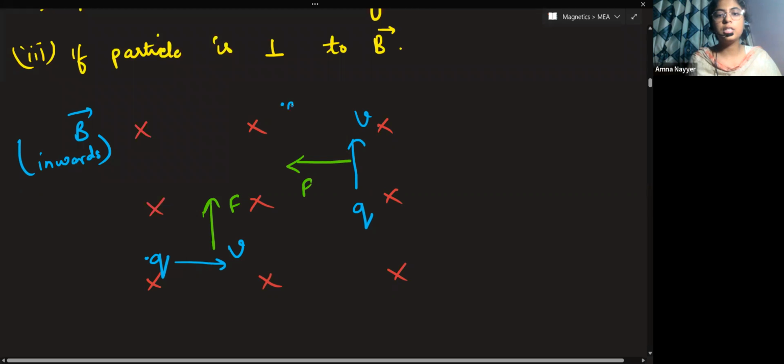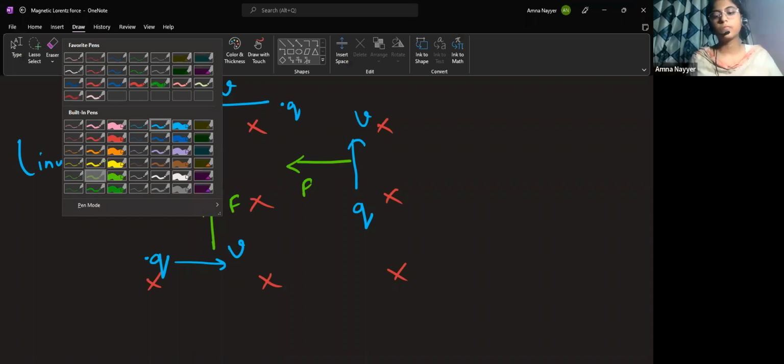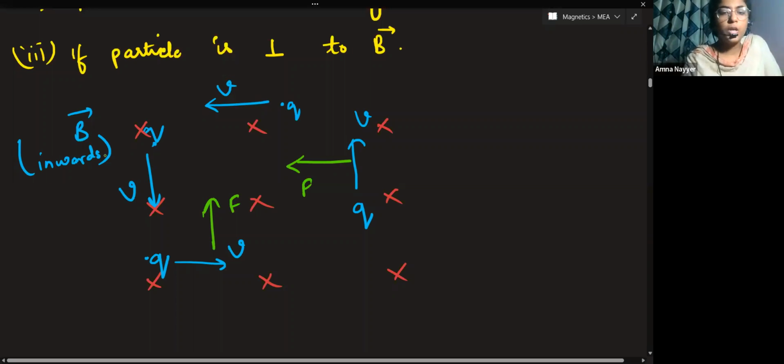Now tell for this charge particle with velocity. And then tell it for this charge particle. First, tell me for this one.